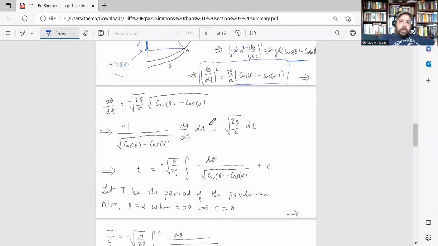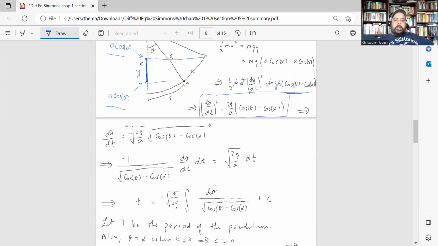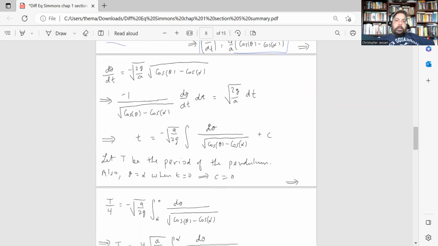Taking the square root, we actually get plus or minus, but we take the negative one because the pendulum is swinging in the negative direction. So d theta dt is negative square root 2g over a times square root cosine theta minus cosine alpha.